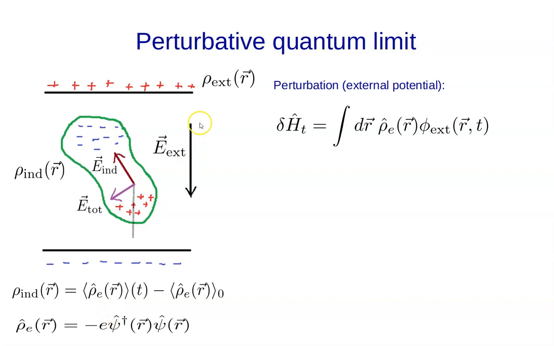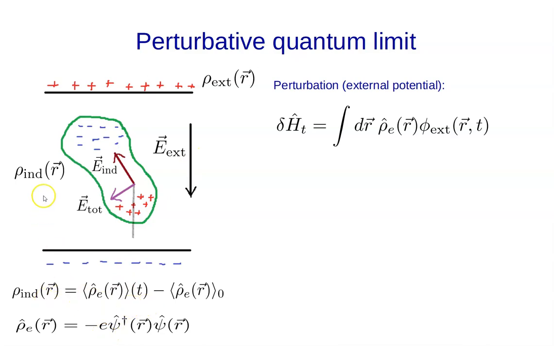And again, at that time t0, I turn on this perturbation, which is a classical perturbation, just a classical field. I'm not interested in quantum fluctuations for the fields here.